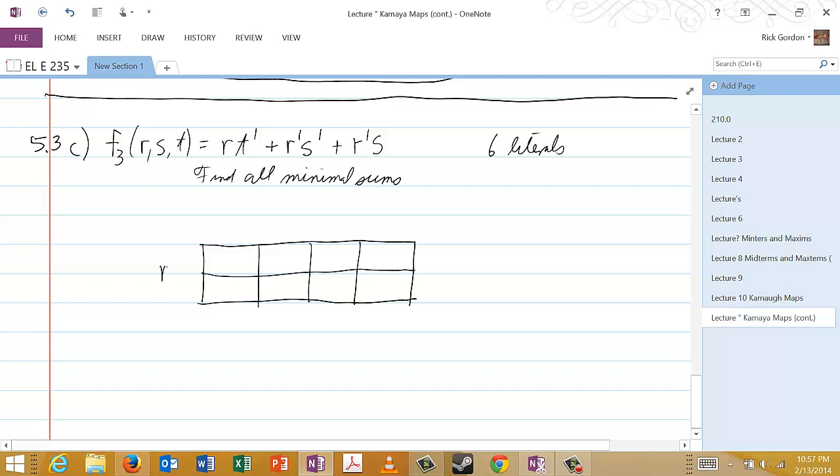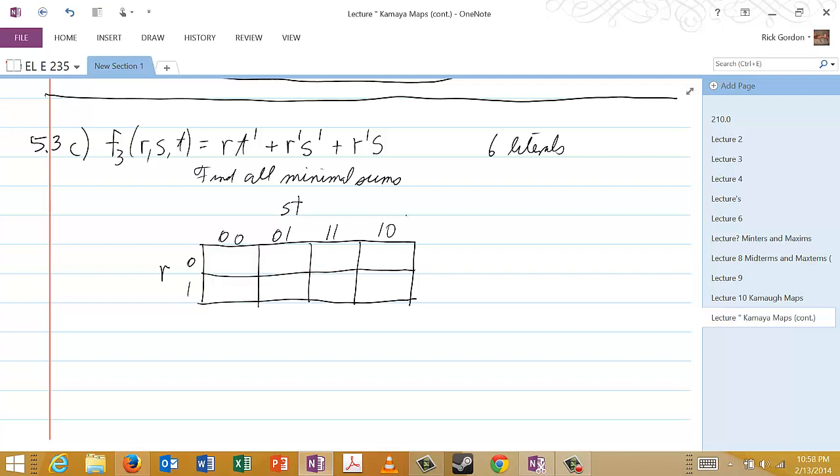We'll have R on the vertical axis and S and T on the horizontal axis. Number this as usual. Now, this one is just a little bit trickier to fill in because we don't have a min-term expansion here, but I believe that we'll be able to do this as long as we're patient.